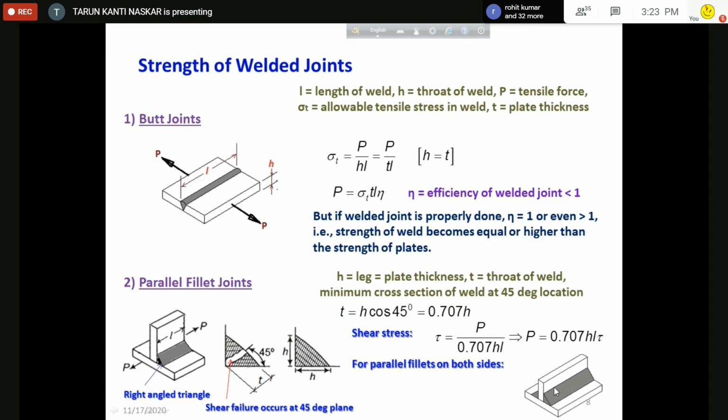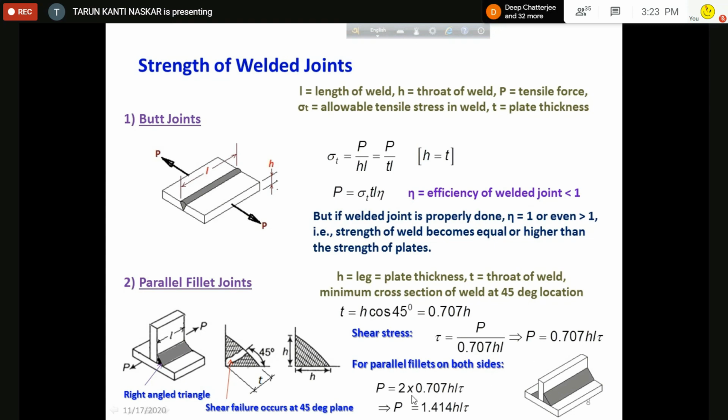Now for parallel fillet on both sides, this is on a single side, this is on both sides. For a single weld, the equation is this.